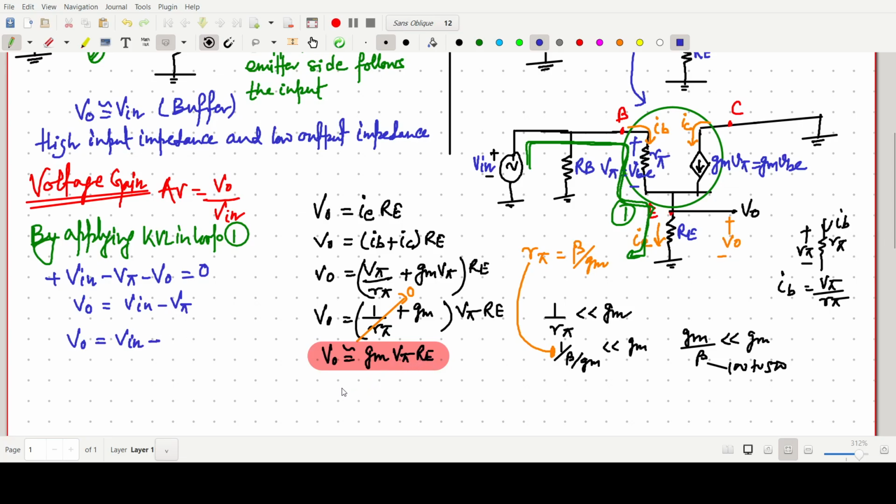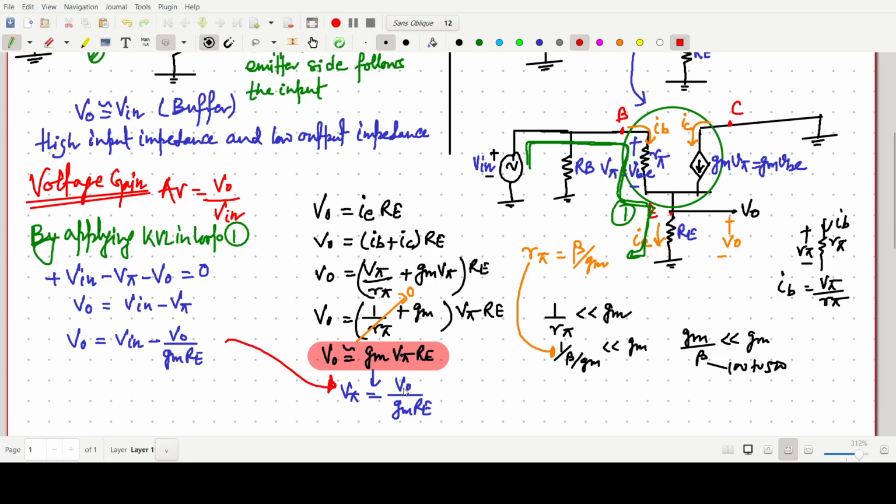From here we can write v pi equals Vo by gm RE. So if you put here Vo by gm RE, okay, we are taking this.